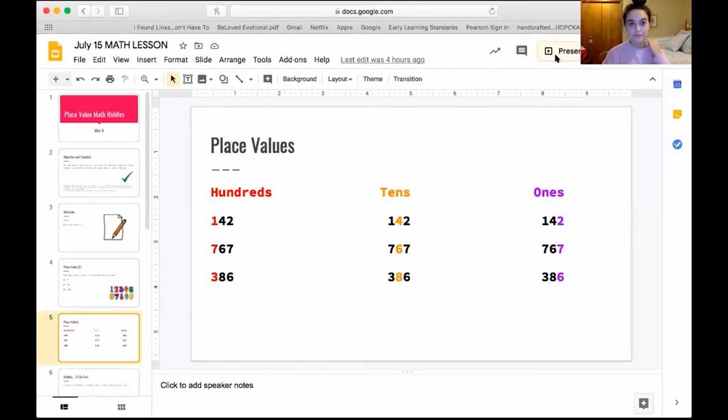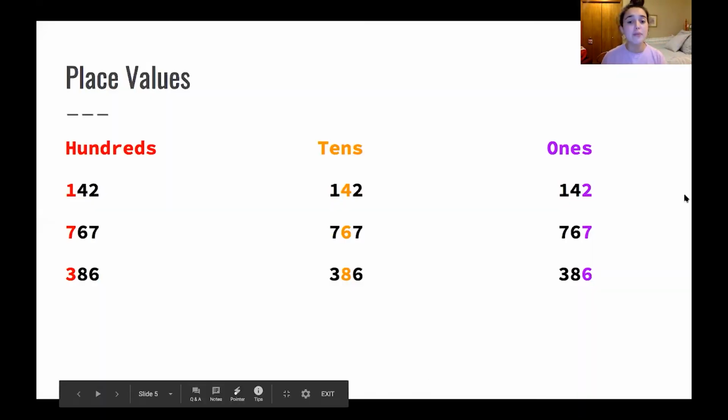All right, so that was 767. Let me share with you guys again so you can see the other number that I have there for you in that chart I made you. Okay, here we go. So our final number in here is 386.